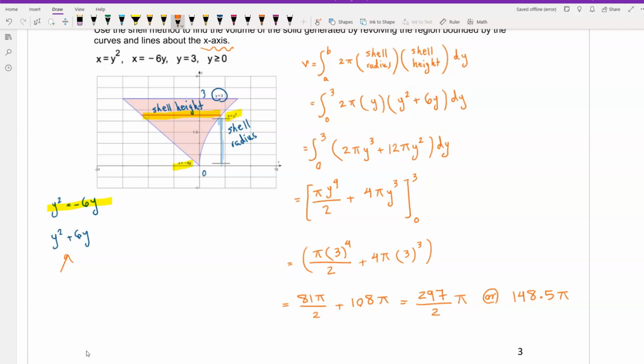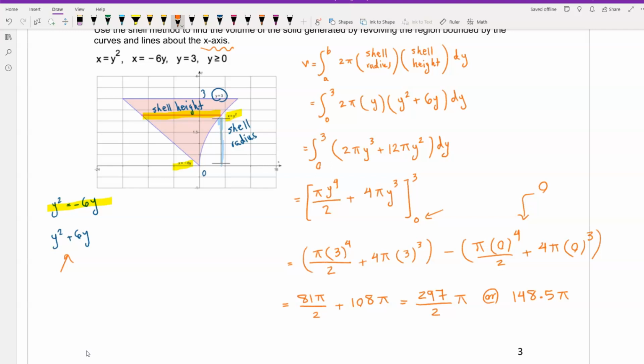So I used 3 instead for y, we have pi 3 to the 4th power divided by 2 plus 4 pi times 3 cubed. Here again we have 0, so I don't need to write that part. But if you had a different number, you're going to have subtraction, pi 0 to the 4th power divided by 2 plus 4 pi 0 cubed. I didn't really write that part because this one is 0.